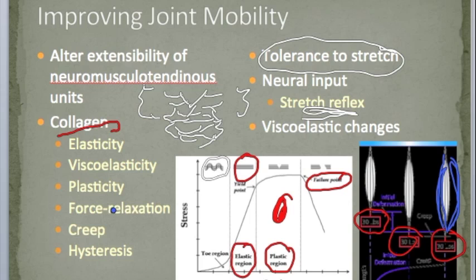You can get some creep in those ligaments and tendons and muscles because you have that constant force pulling it forward, or pulling in one direction, and eventually that tissue lengthens out.